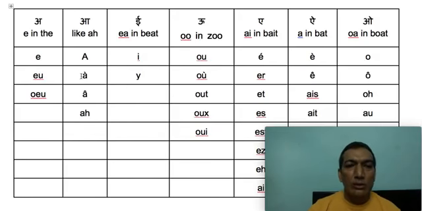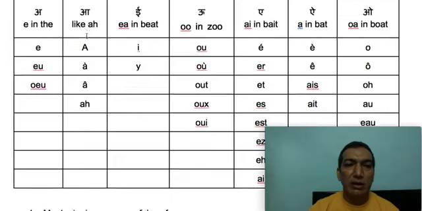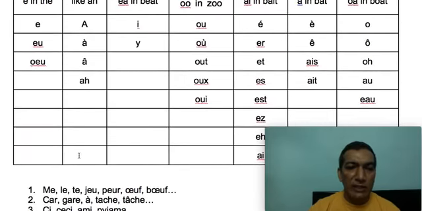Okay, so accent grave, accent circonflexe, and with an "a" also. So a without any accent, and with accents, all of them are pronounced a, like you can see at the top. So some of the examples I have taken here. Car, ca, together they become ka and r. So car. Ga, r, gar. Then a, which is itself a word which means to.